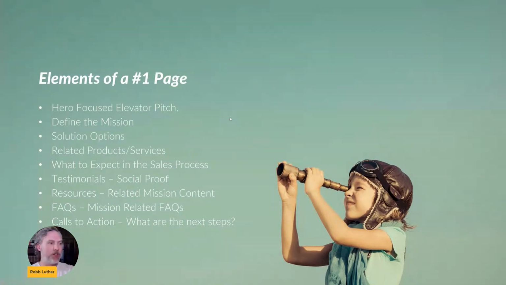And then also, don't necessarily insist that all of your CTAs are to talk to a sales rep, because they may not be ready to talk to a sales rep. So make sure you have CTAs that are relevant to where they may be within their mission. And that could be a higher value lead gen offer. It could be a calculator or a workbook. It doesn't have to be a talk to a sales rep.